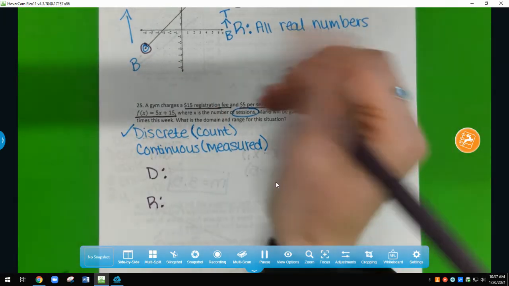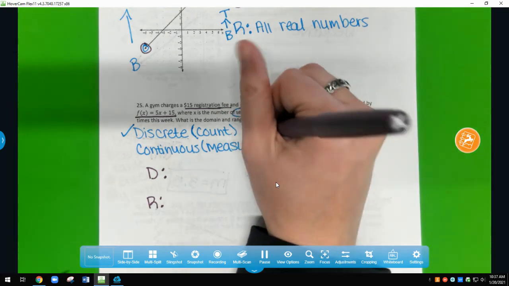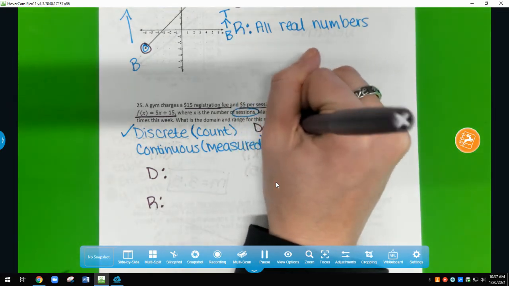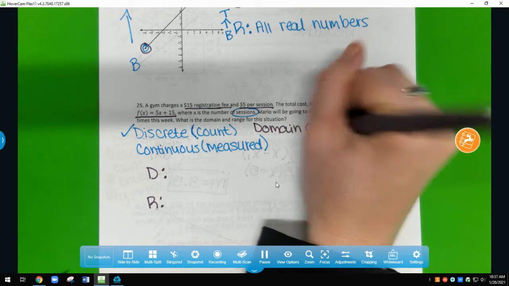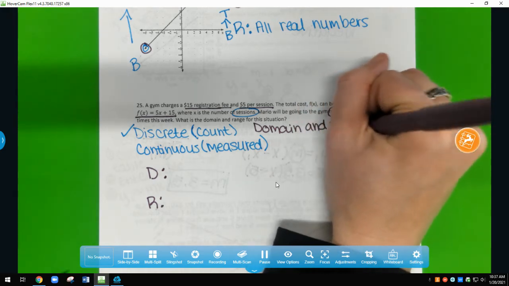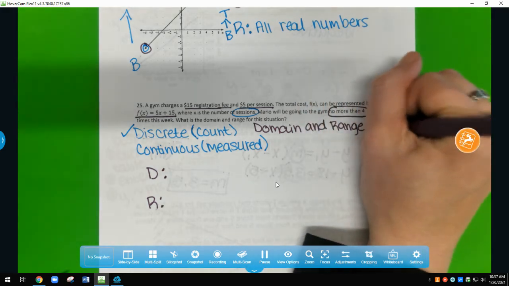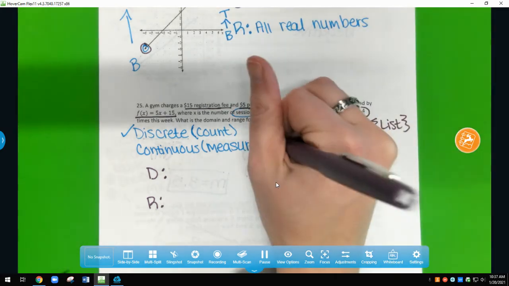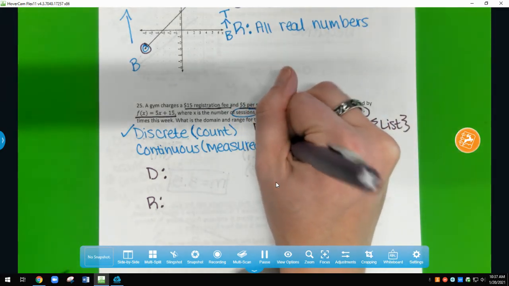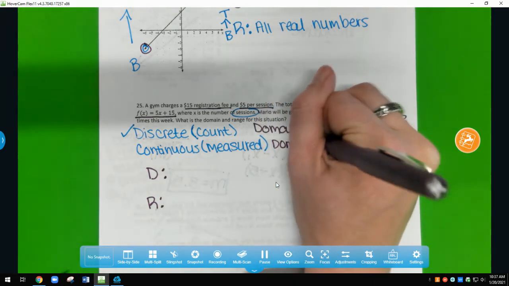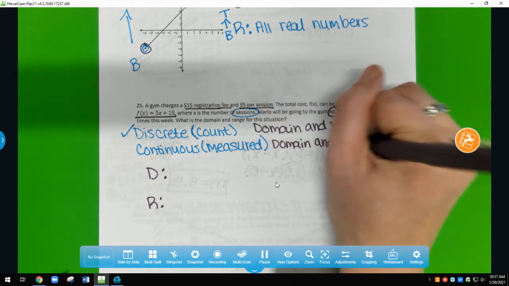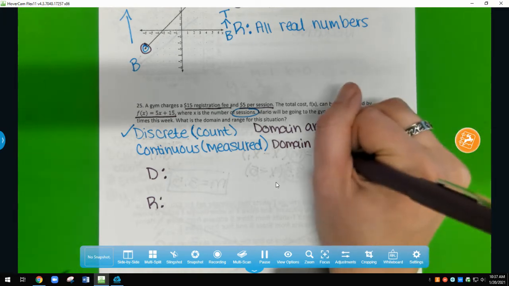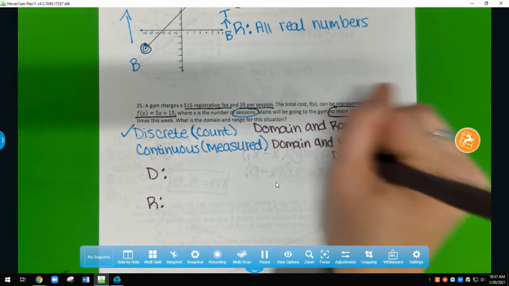Okay, for domain and range on discrete, it's going to be a list. If it would have been continuous, that's where your inequalities come in.